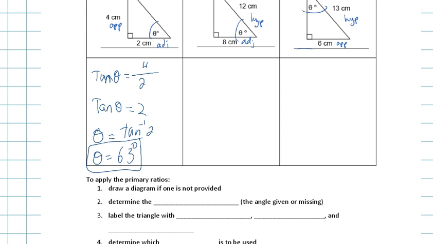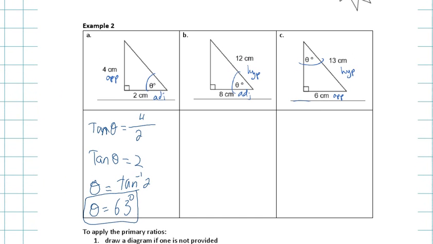Let's set up the next question. So of interest is theta. What do I know? I know the adjacent, which is 8, and I know the hypotenuse. So which ratio uses adjacent and hypotenuse? Cosine.